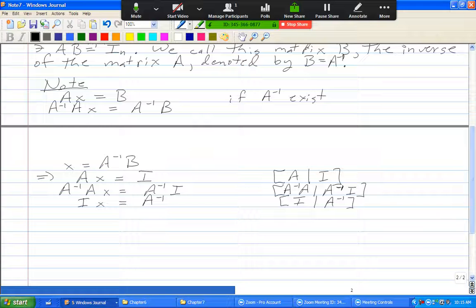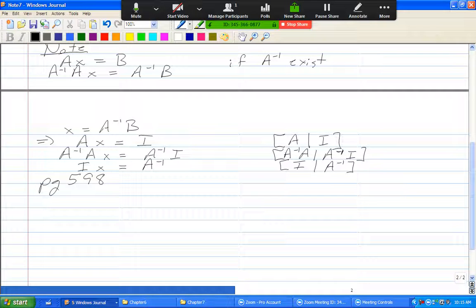So let me do, on page 598, let's say problem number 8. I want to find the inverse of the matrix 1, 2, negative 2, negative 5. So I want to figure out this inverse here. Okay, so what I'm going to do is the following.